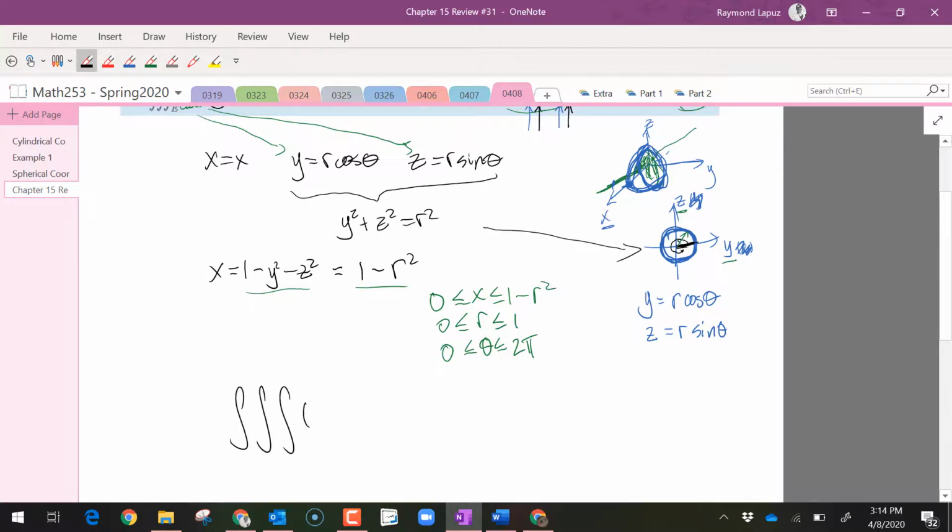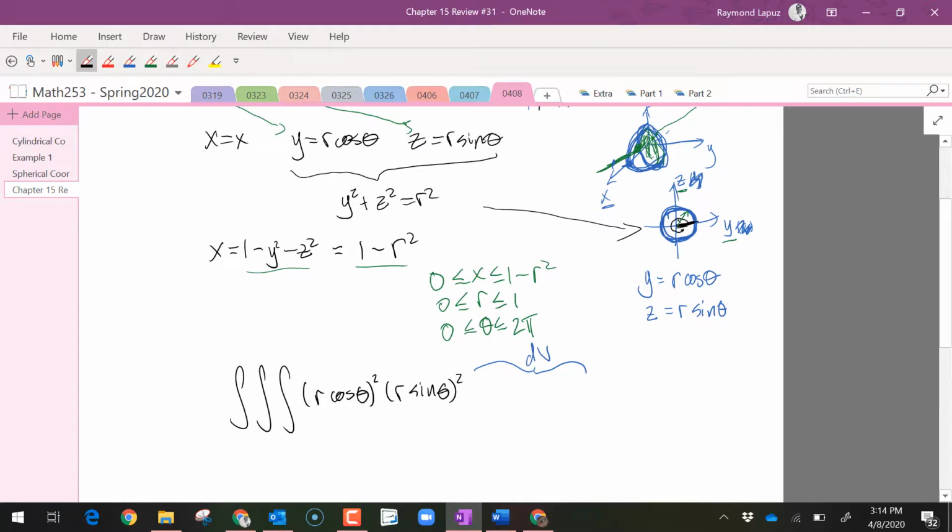We have y, which is r cosine theta, quantity squared. We have z, which is r sine theta, quantity squared. And now our dV. Because we're going into cylindrical coordinates, we'll need that extra r that we've always put for our polar and cylindrical coordinate transformations.